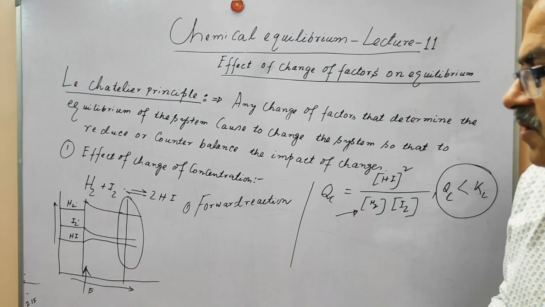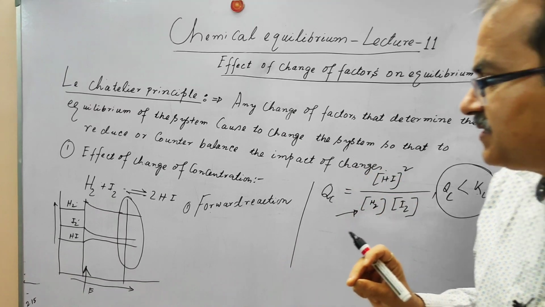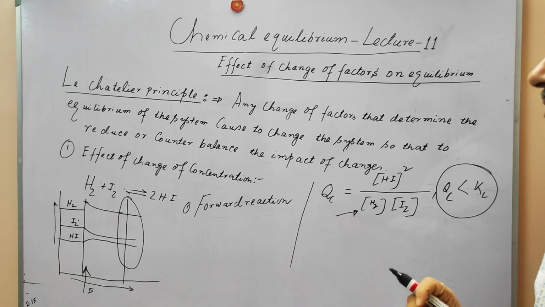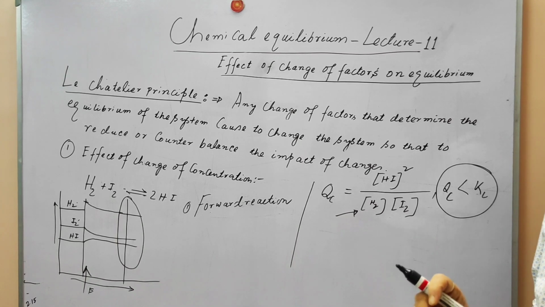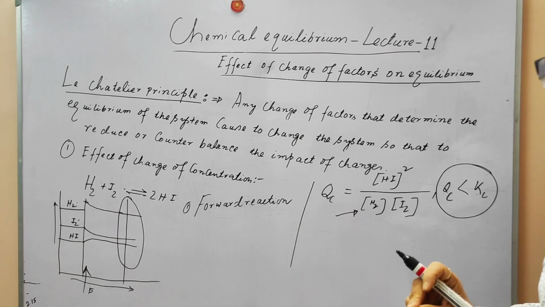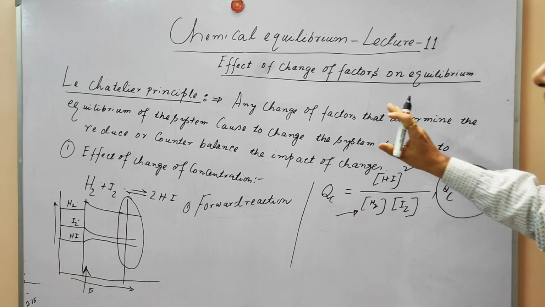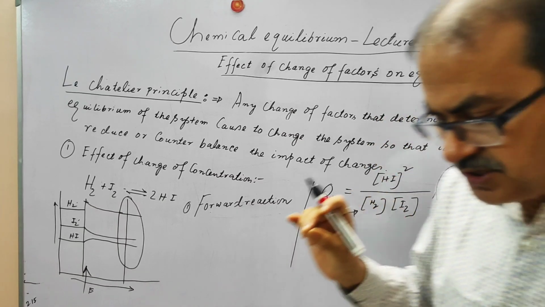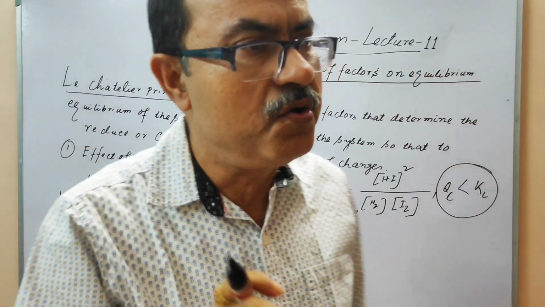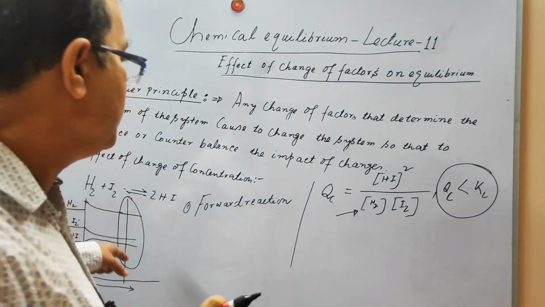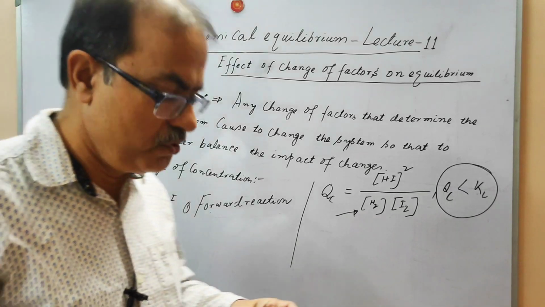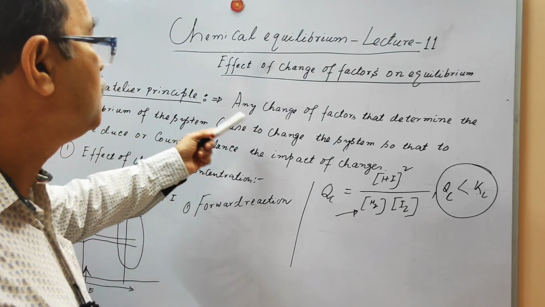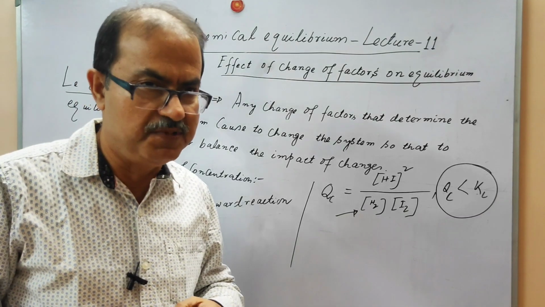We need to understand this type of thing, because in the exam we will do some numericals, and we will discuss later how this type of question will come. So now we understand how the reaction responds if we change the concentration of hydrogen or iodine, and that is well explained through Le Chatelier's principle.